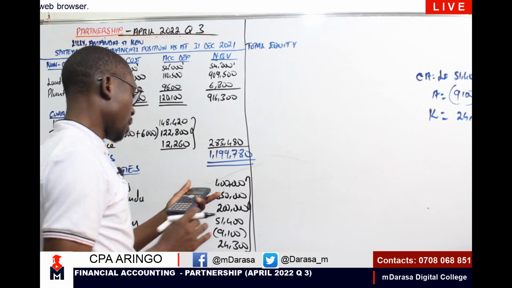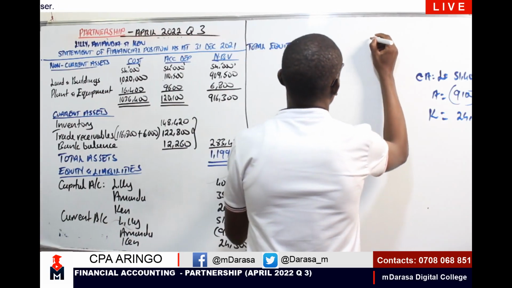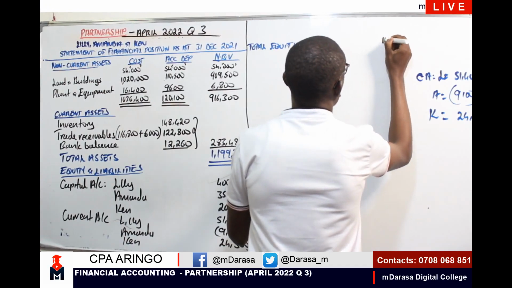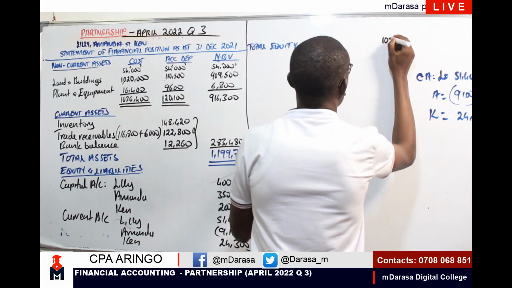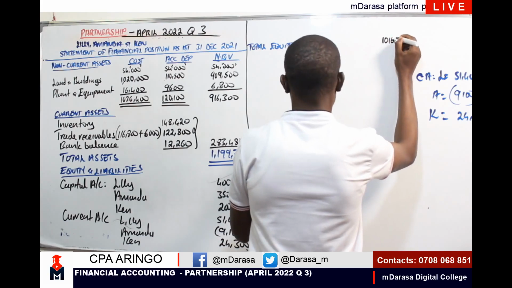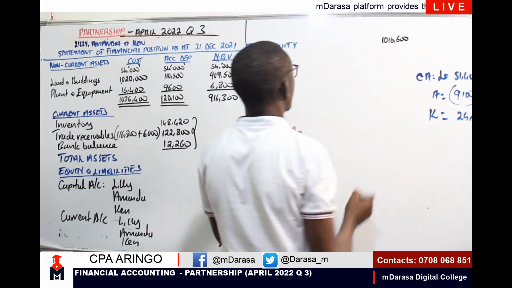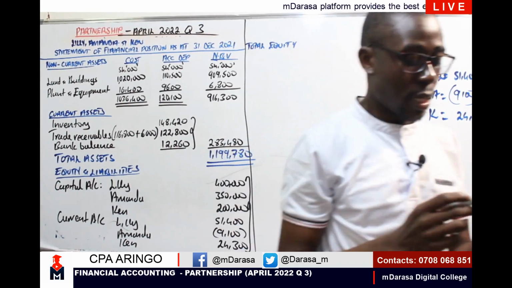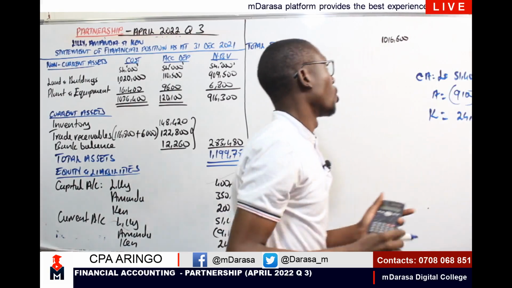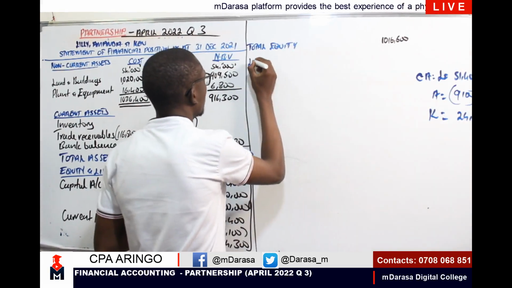I'm getting a figure of 1,016,600, right?